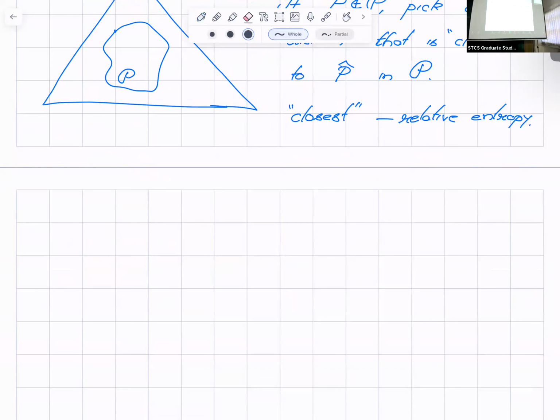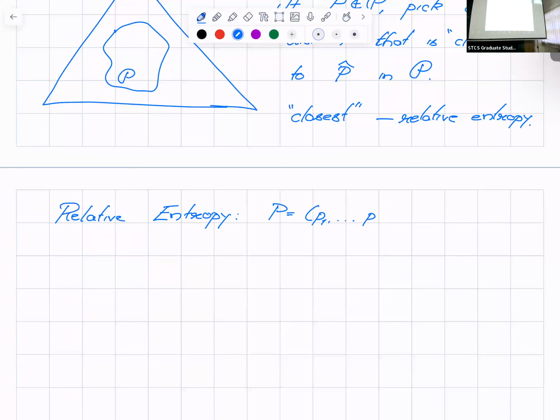Relative entropy is not actually a distance, but it's a nice way of measuring how different two distributions are. So let's spend a little time understanding it. Suppose you're given two distributions. P is one distribution on n elements, P1, P2, ..., Pn, and Q is another distribution on n elements, Q1, Q2, ..., Qn.